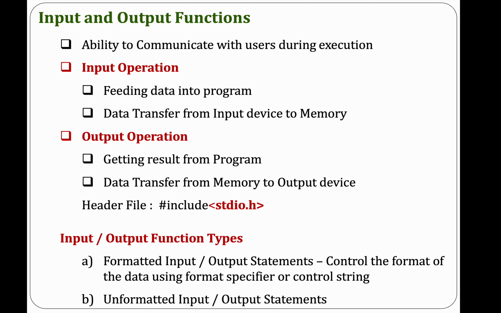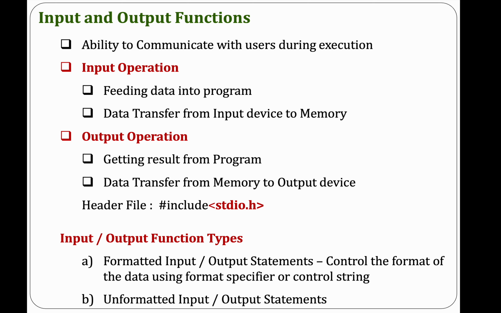As of now I have not told you what the input and output functions are. I will tell you later. But if you want to pass the input and get the output, you need a header file. If you include this header file, then the input output functions will work. So, hash include stdio.h.